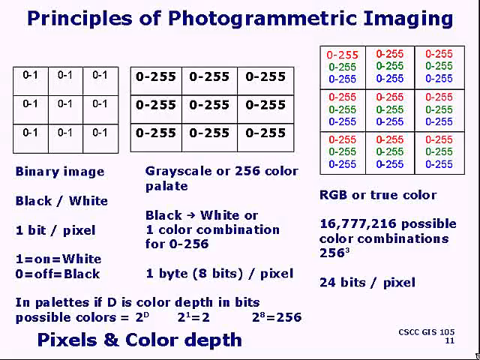If you're working with a paletted image, the math there is that if I am willing to allot, let's say, 4 bits of memory to each color, that's going to give me 2 to the fourth power. Okay, D is the depth, 2 to the D power different possibilities. So you can see binary, 2 to the first power is 2. 8-bit, 2 to the 8th power is 256.